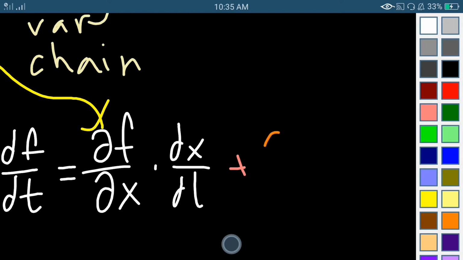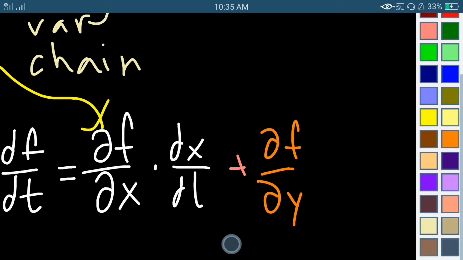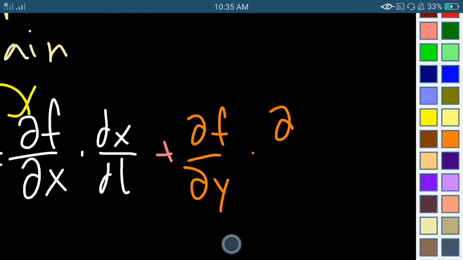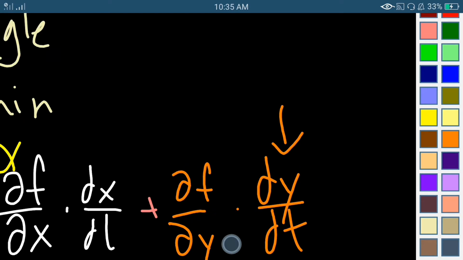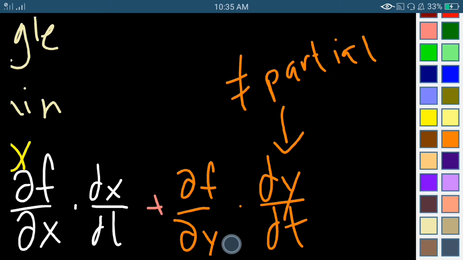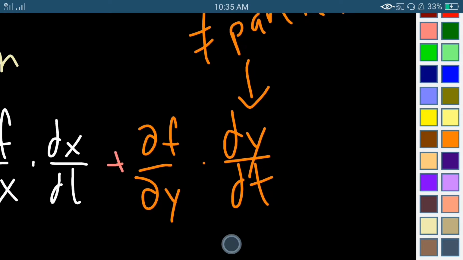Now, partial f partial y times dy dt. This dy dt is not a partial, because it's only a function of a single variable.